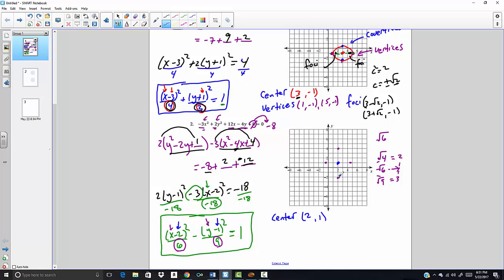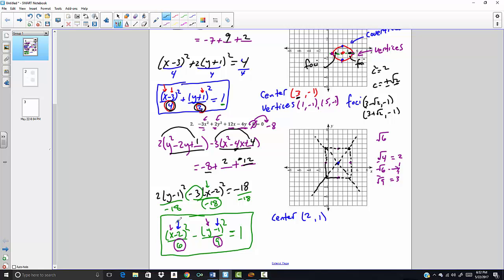1, 2, 3. And because this is a hyperbola, in customary fashion, we'll draw a rectangle connecting the outside dots. And then we'll connect the corners of this rectangle. And these will form my asymptotes, which the graph will not cross.